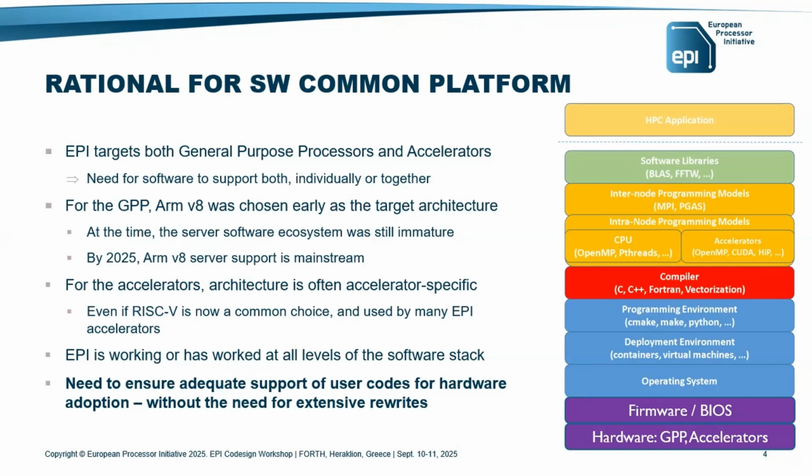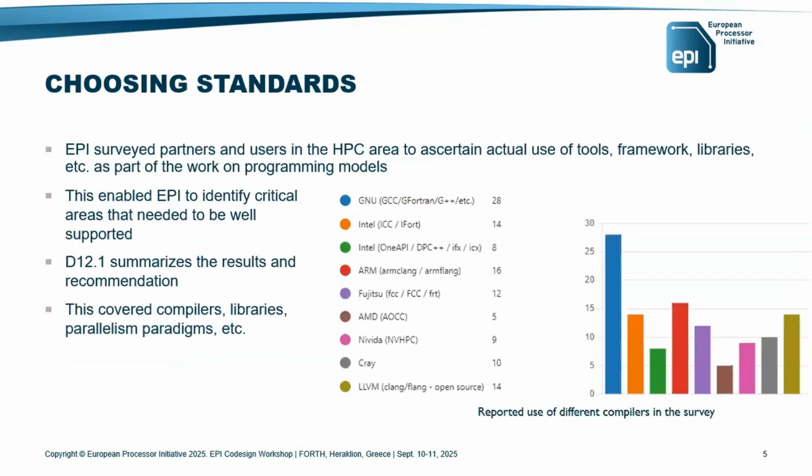And we really want to propose to any user what he needs to have in order to be sure he will support the new hardware, and what is important, without rewriting a lot of things in the code. And so how did we work for that?